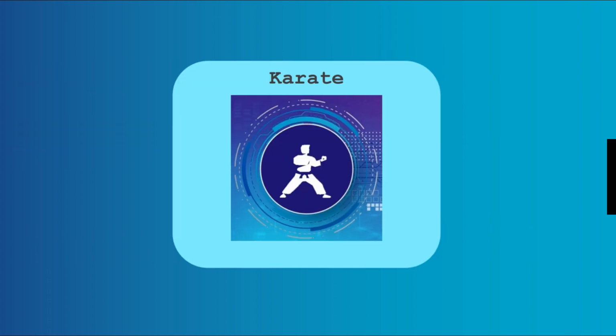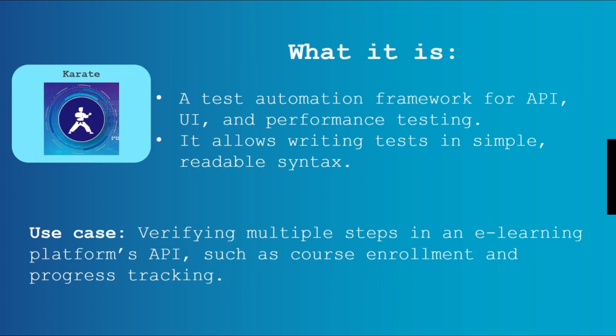And the last tool here is Karate. Karate is a framework for API automation testing, performance testing, and mocking APIs. Its syntax is simple and readable, making it easier for non-developers to write tests. It supports combining API, UI, and performance testing in one framework.